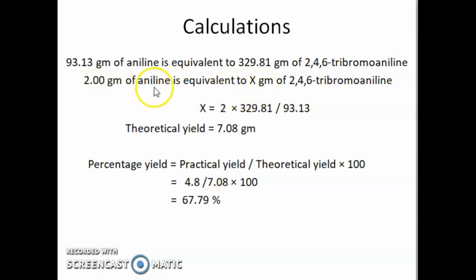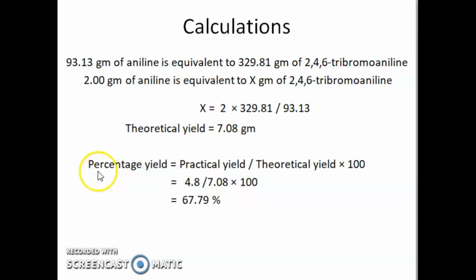Means 2 gram of aniline is equivalent to x gram of 2,4,6-tribromoaniline. By cross multiplication, x is equal to 2 into 329.81 divided by 93.13, and we get the theoretical yield as 7.08 gram.